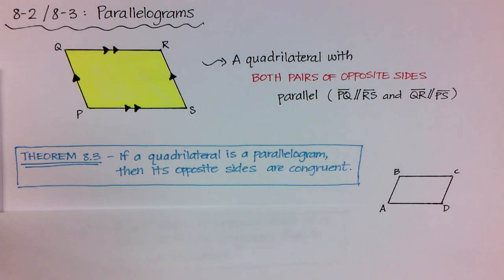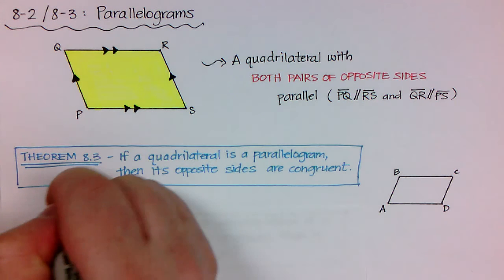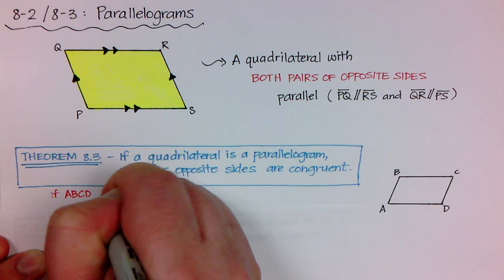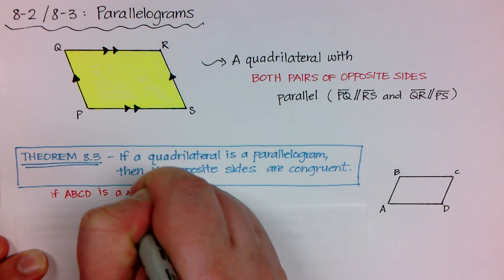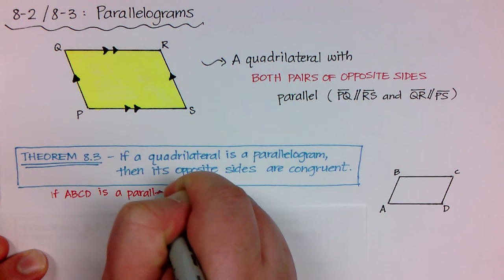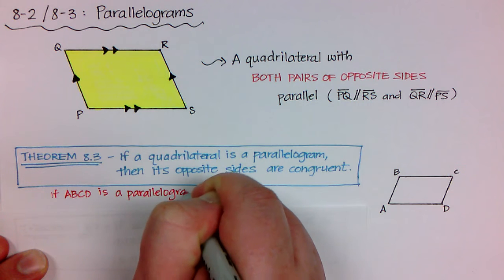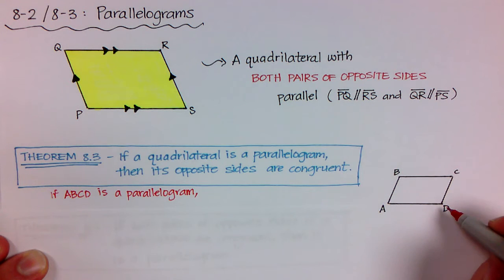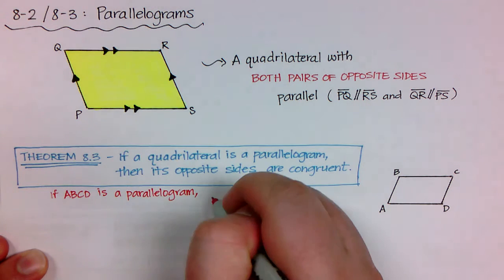So something that I could write down, in this case, I have quadrilateral ABCD. So if ABCD is a parallelogram, then by this theorem, I'm told that AB and CD are congruent.